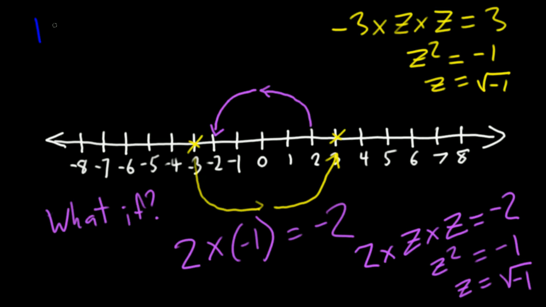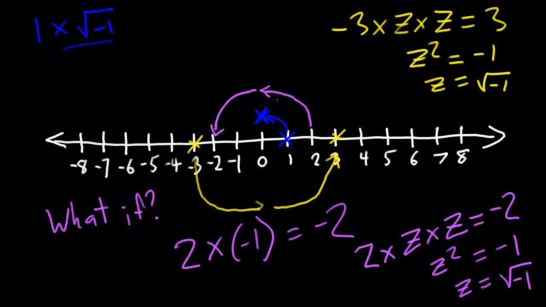Now 1 is the multiplicative identity, but we can also use our geometric interpretation here and say we're starting at 1 and we're rotating by a quarter turn, because that's what the square root of negative 1 gets us when we multiply by it. So we rotate a quarter turn and we end up right here, which suggests that this is the exact location of this number, the square root of negative 1.